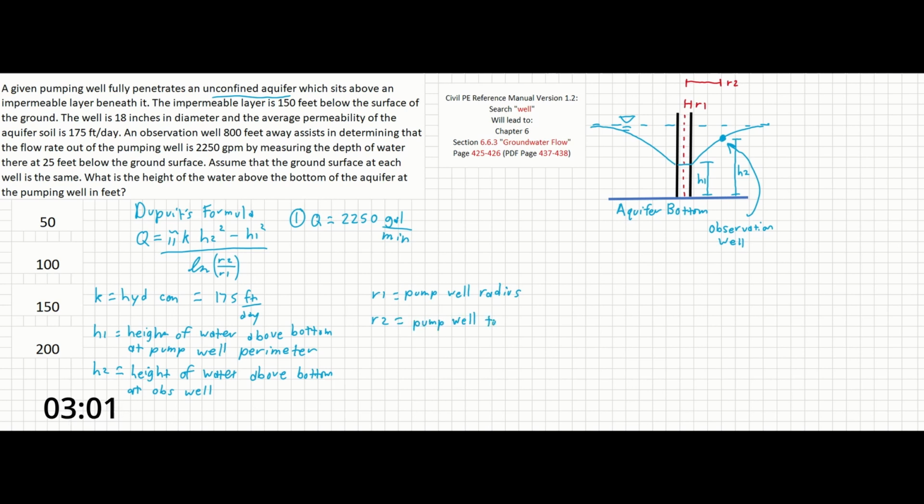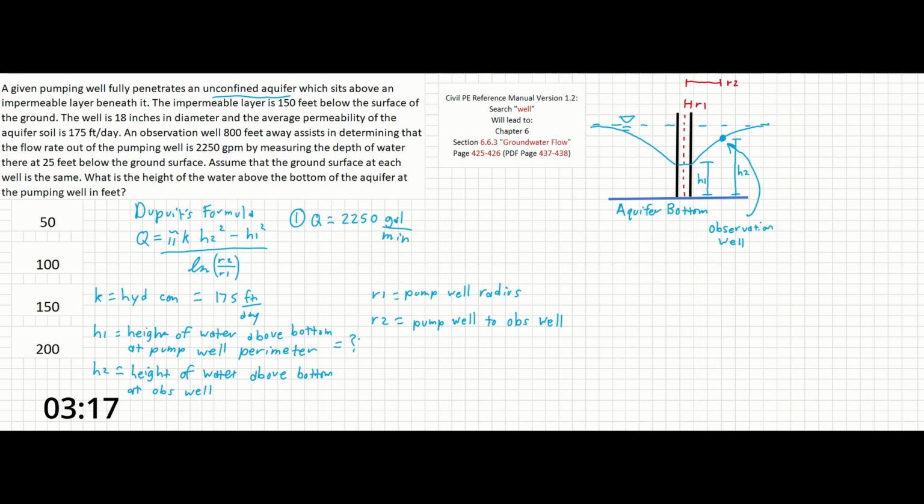So let's start filling in our knowns. Height 1 is what we're going to be looking for, since that is the height of the water above the bottom of the aquifer at the pumping well. So we don't have this value yet.